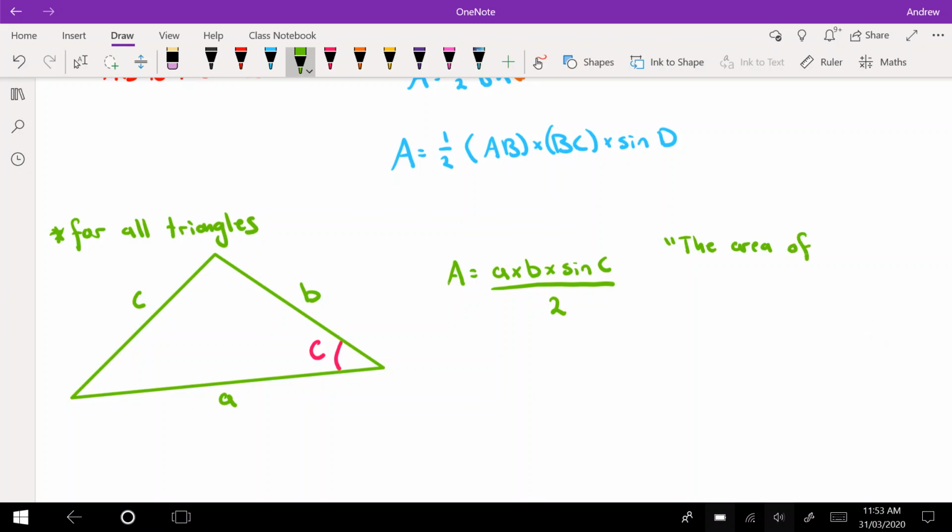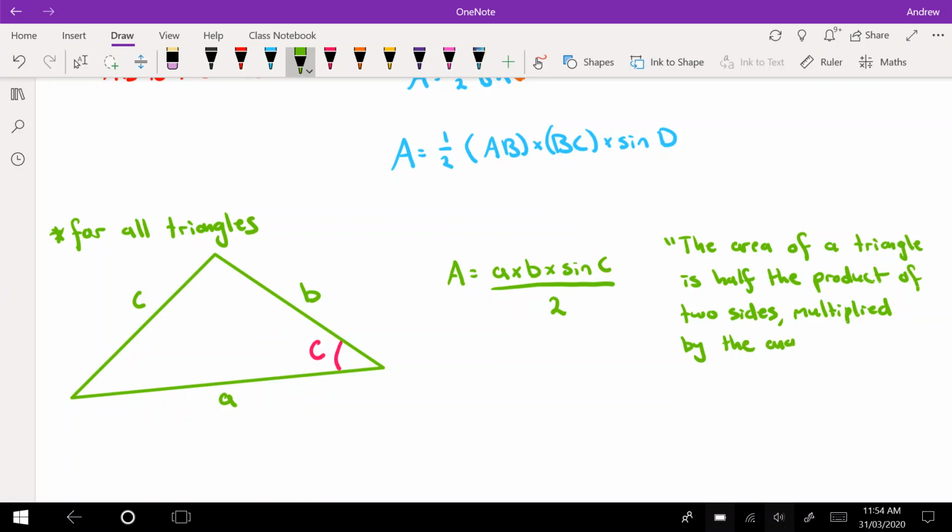The area of a triangle is half the product of two sides multiplied by the sine of the angle in between them.